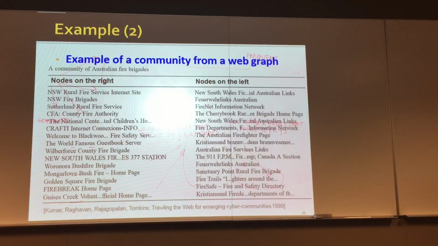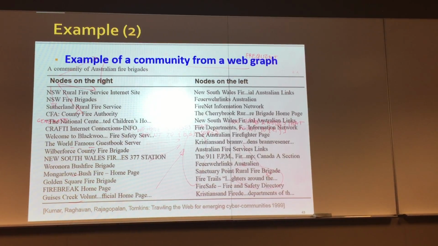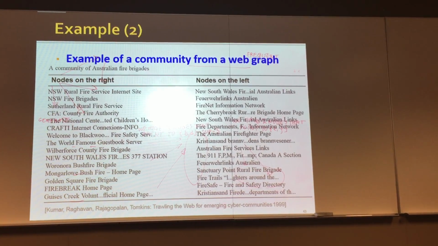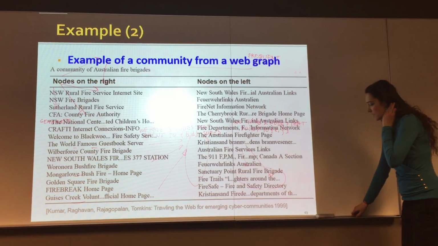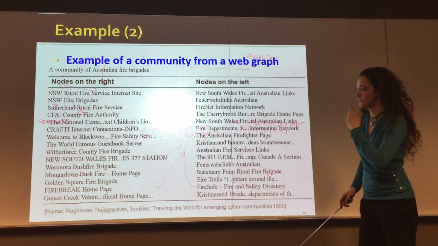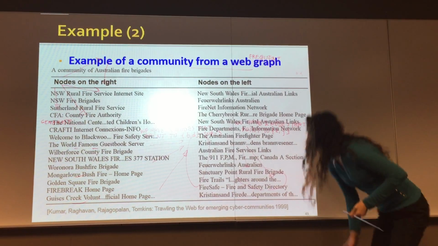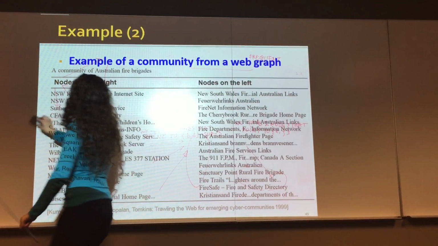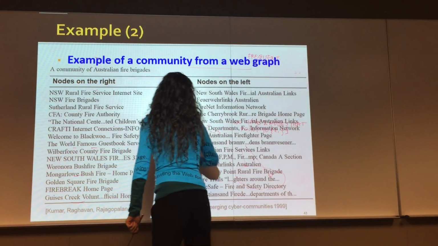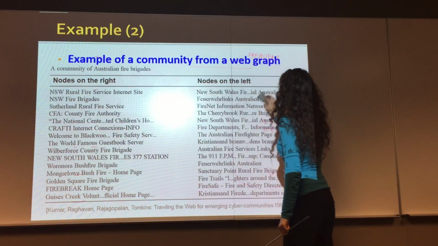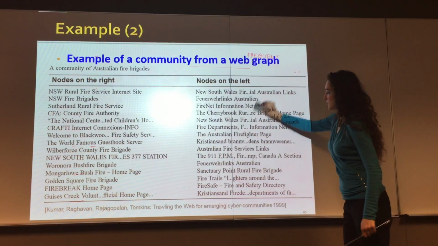What kind of communities can we find in web graphs? Here's an example. What are these ABC nodes? These are some websites that are on a particular subject. So what kind of communities can they belong to? So here is an example.